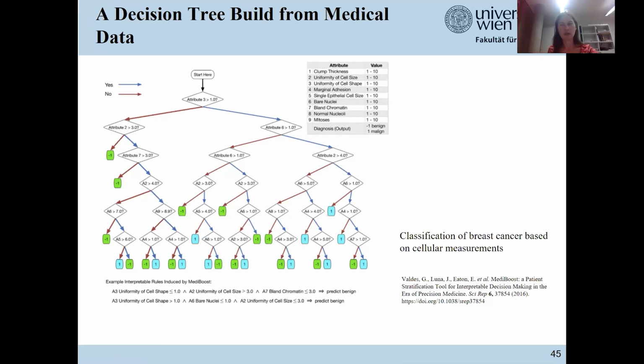There you can see that decision trees, albeit quite simple and easy to understand, are still very powerful classifiers because they have a very important benefit, and this is their inherent interpretability.